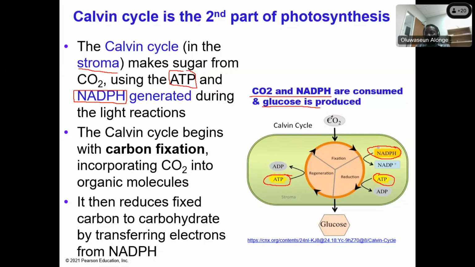So the first thing that happens here is that, with the carbon dioxide, we are going to fix the carbon from the carbon dioxide. And if you think about it, when we were doing cellular respiration, I told you you are burning glucose molecule to release ATP. And every glucose molecule will give you 6 CO2.